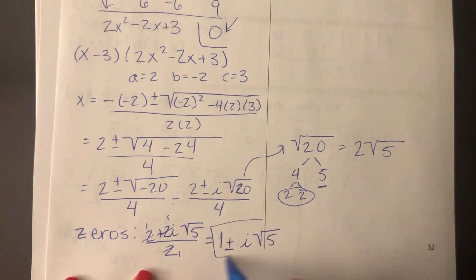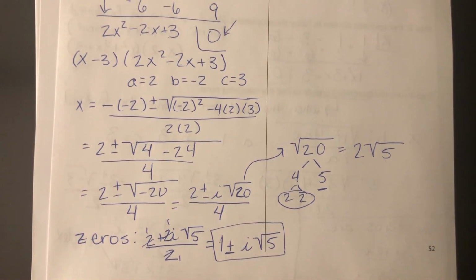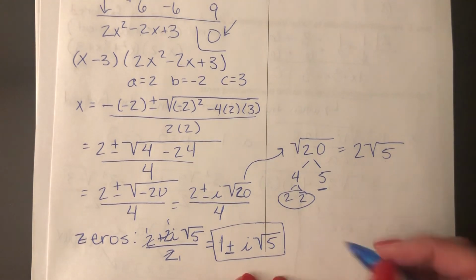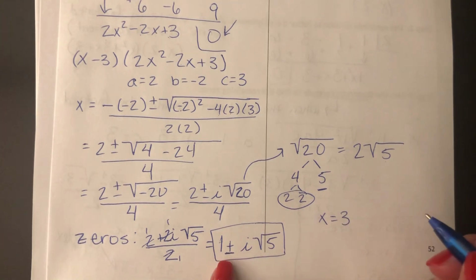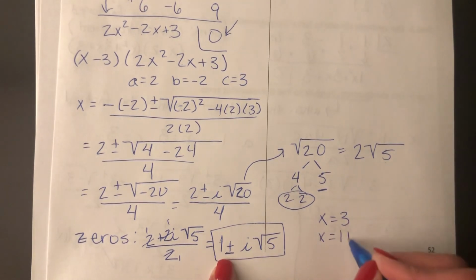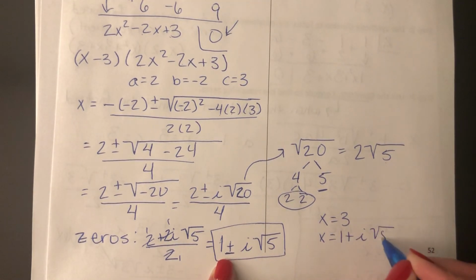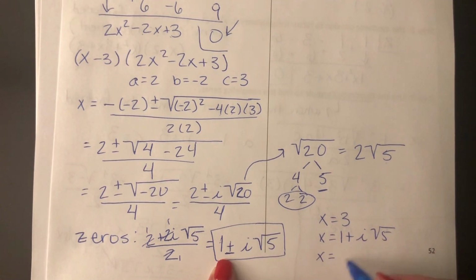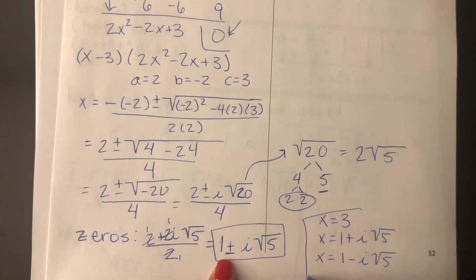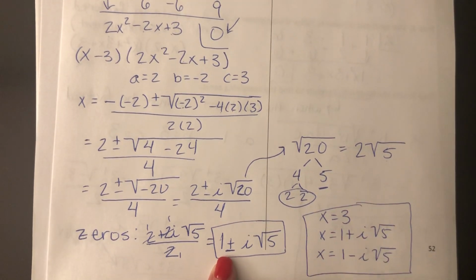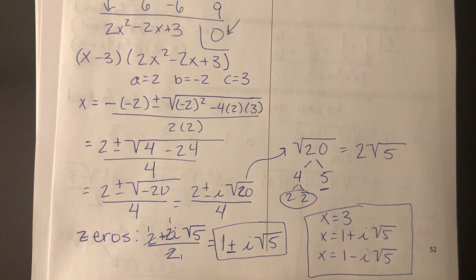Okay, now we can write our zeros. So our real zero was x equals 3, and then we have x equals 1 plus i square root 5, and x equals 1 minus i square root 5. And then those would be all your zeros there.